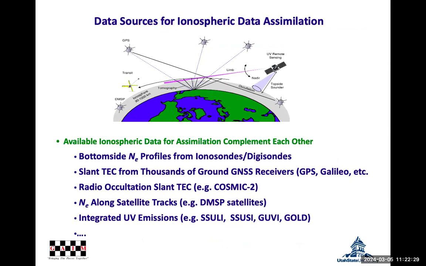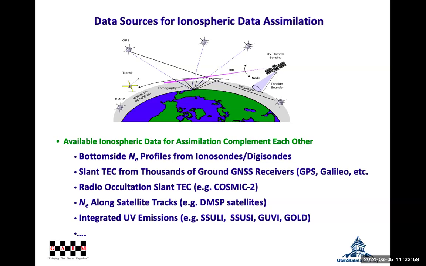We have a whole zoo of different observations, and this is mostly due to the fact that we're dealing with charged particles, and charged particles have an effect on the propagation, for example, of electromagnetic waves, and that changes the characteristics of the electromagnetic waves. We can measure that, and from there infer what the densities are along the way.